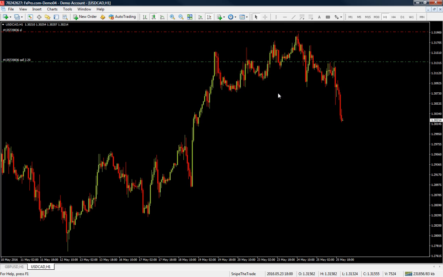And the answer is pretty easy. If you are going short on the top of an up move, if price keeps making higher highs and higher lows, well, you might be wrong on the reversal. So in this case, if price makes a new high, then you need to get out of the trade.